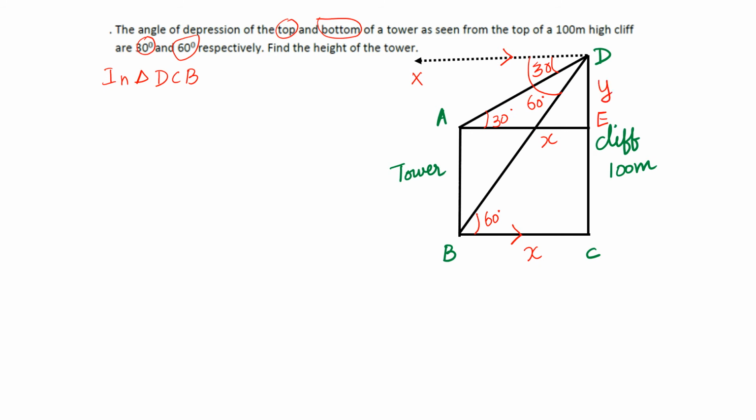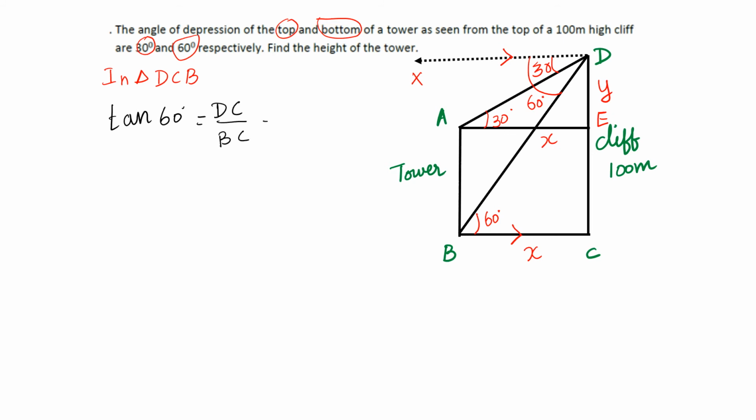So in triangle DCB, tan 60. DCB means tan 60 equal to this whole, this DC is a cliff. When DC is a cliff, that height is 100 meter. DC by BC, that is opposite by adjacent.